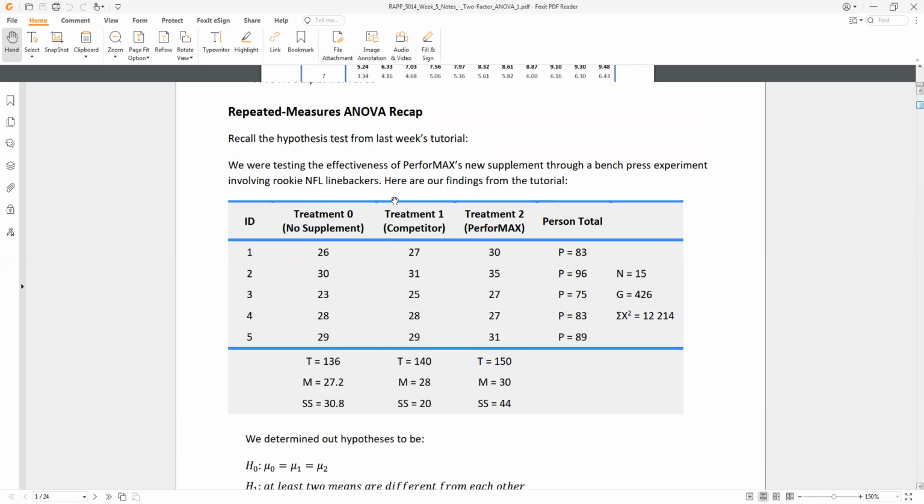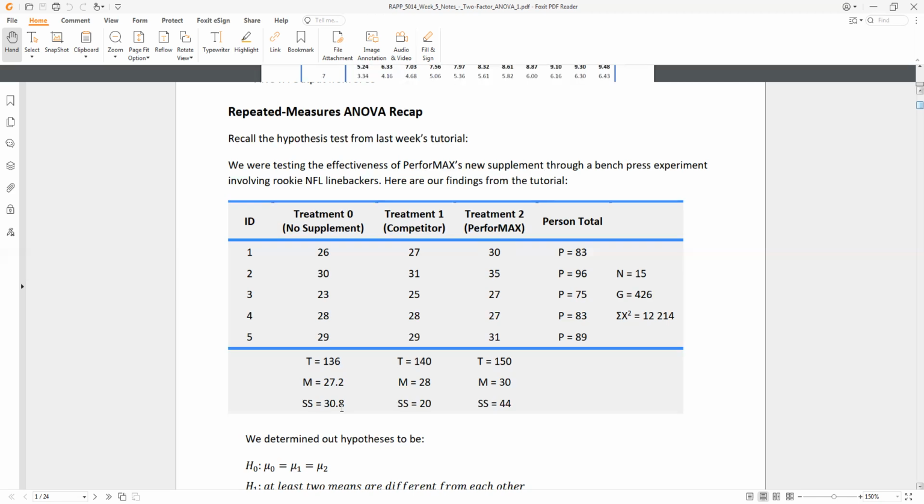So we have 3 different treatments, and we have 5 different individuals, right? And for each treatment, we want to calculate the total and the mean and the sum of squares, right?